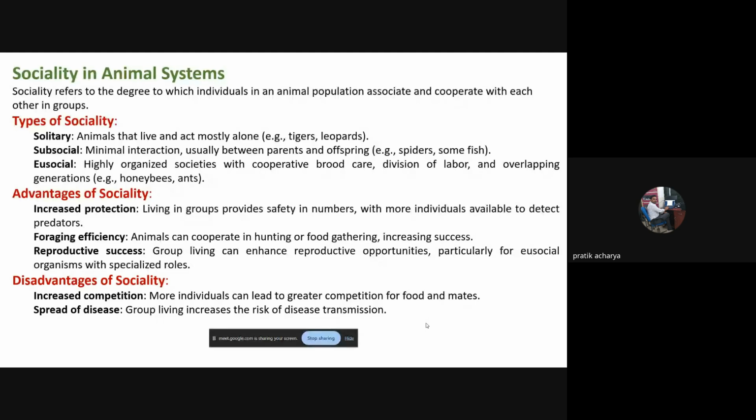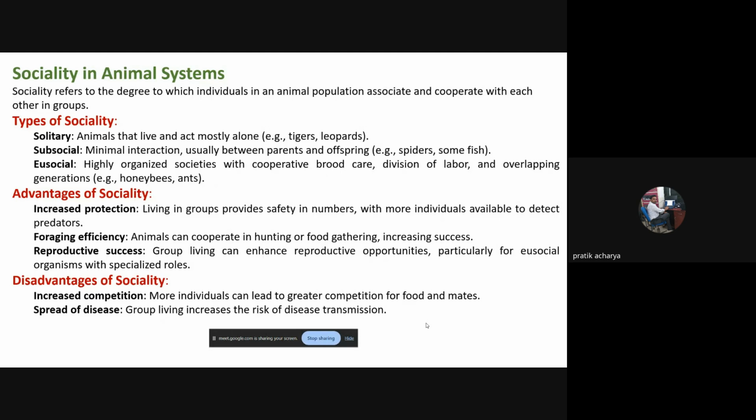The types of sociality: solitary, subsocial, and eusocial. Solitary means organisms prefer to live and act mostly alone. Larger organisms like tigers and leopards prefer to live alone. That kind of social activity is known as solitary.